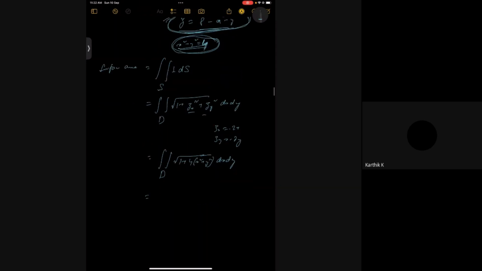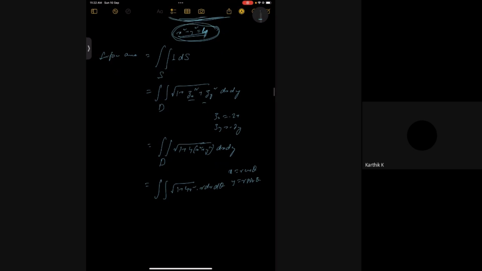Again, use polar coordinates, x equal to r cos theta, y equal to r sin theta, then you'll get 1 plus 4r squared, r dr d theta. Now here's a word of caution. Whenever you use polar coordinates, make sure that dx dy is replaced by r dr d theta. Usually we forget to include this r when we replace dx dy.